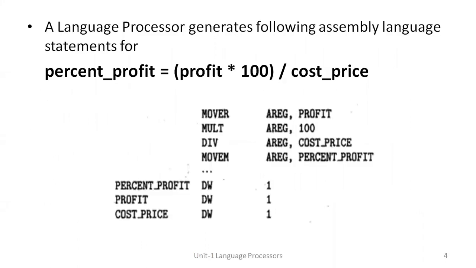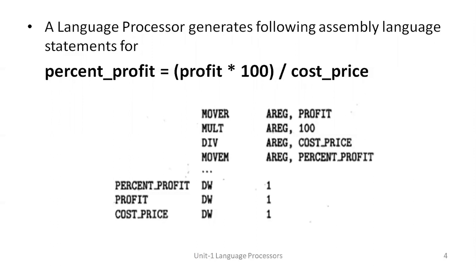So let us come back to the same example. percent_profit = profit * 100 / cost price. A language processor generates the following assembly language statement for the assignment statement shown on the screen. So let us understand what exactly this code is.